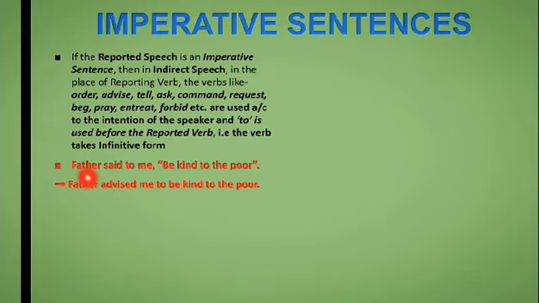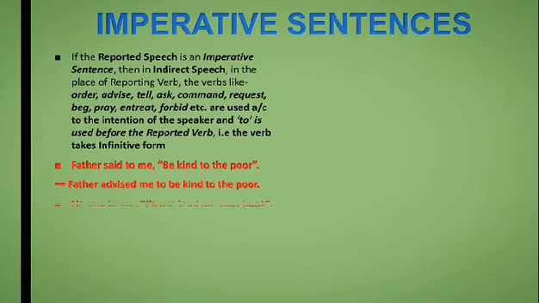Now, Father said to me will change to advised me. And what was the second rule? To is used before the reported verb. While the reported speech is changed in indirect speech, we will be using to, and then the rest continues: to be kind to the poor.